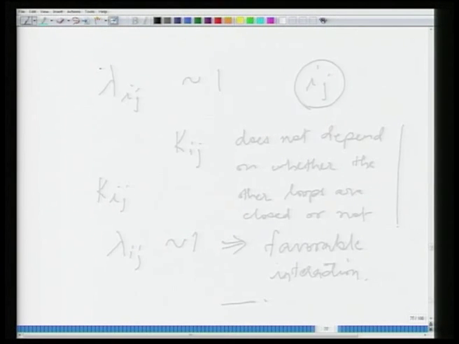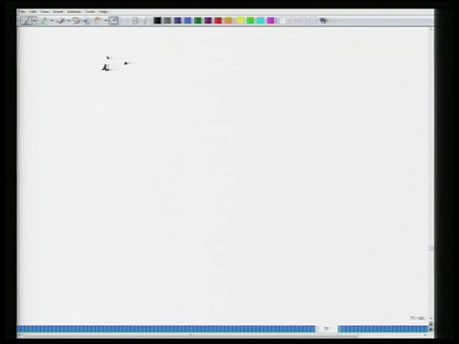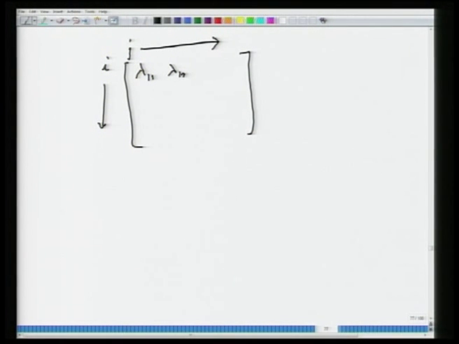Now, if this is my row index and let this be my column index, I can fill up lambda 1 1, lambda 1 2, lambda 1 n, and so on and so forth.